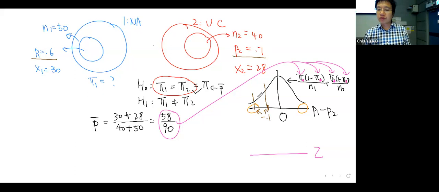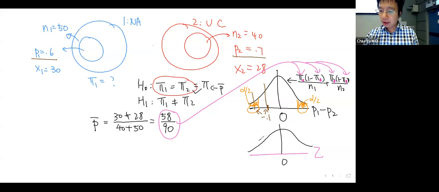Is it within the far-away region or the close-enough region? The region we define is, again, alpha over 2. There's nothing new there, which is why we repeat it many times. I hope this is very clear. Basically, you draw this shape here. This is 0, and this is Z.